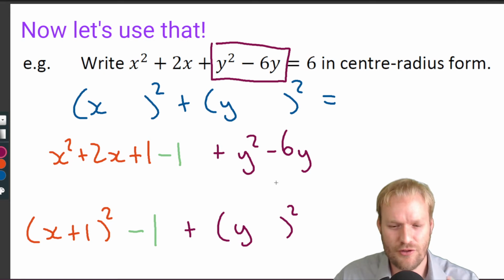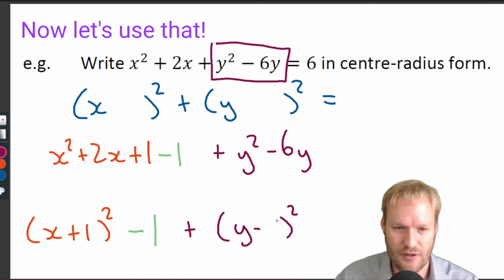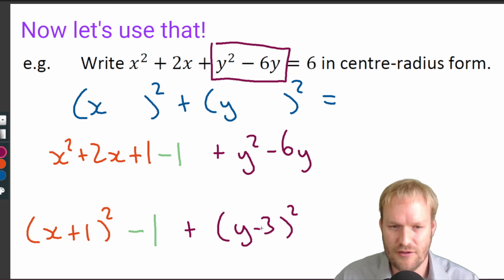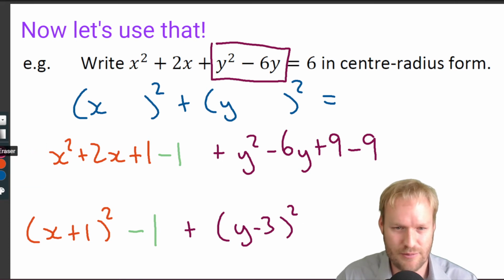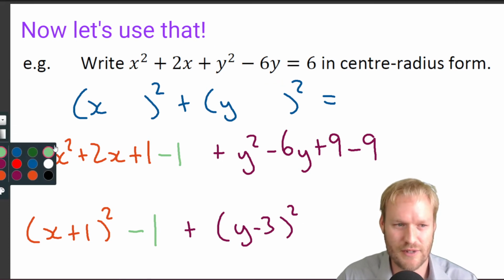Okay, well, we saw from the example above that this should be minus 3 because this will give us our minus 6y. But wait a second, minus 3 squared would give us 9. But we didn't have that 9 to begin with, so we need to compensate for it. Which means that let's pause and see where we're at. So at the moment, let's do that.